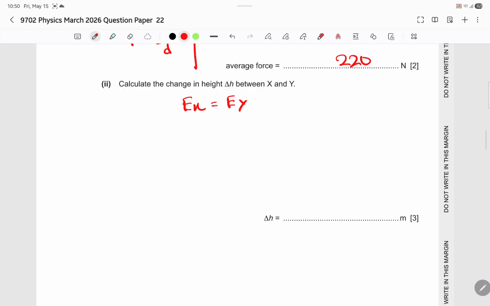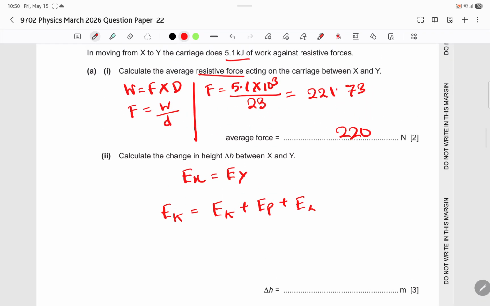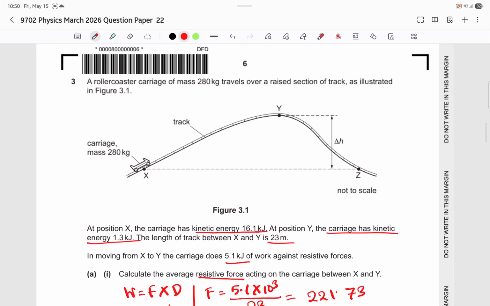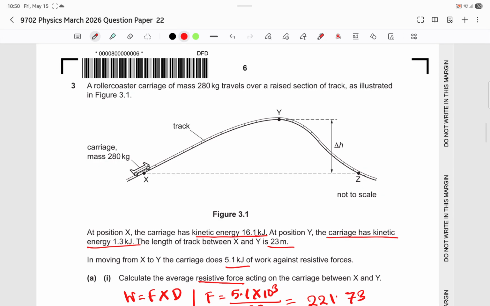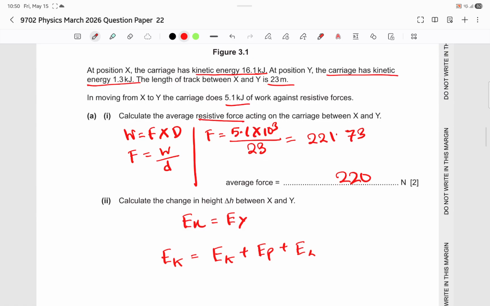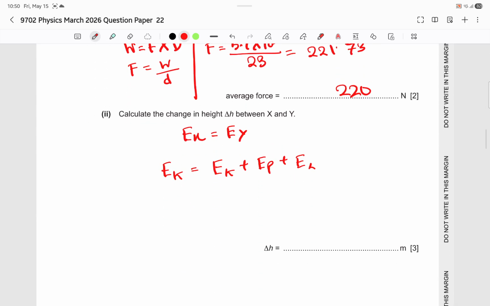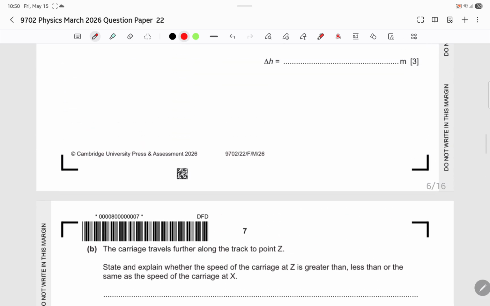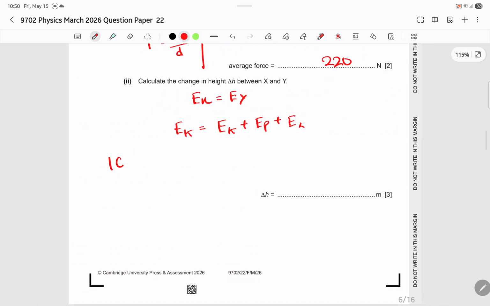So how can we do this? The kinetic energy plus gravitational potential energy, and the change in height. Initially at x, it's 16.1 kilojoules, so let's write 16.1 times 10 to the power 3.